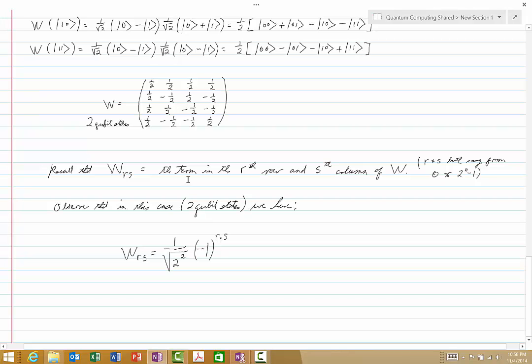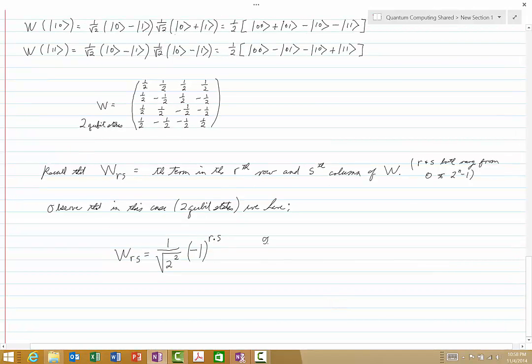Now, how do we evaluate R dot S? To evaluate R dot S, write R and S both as n-bit binary numbers.